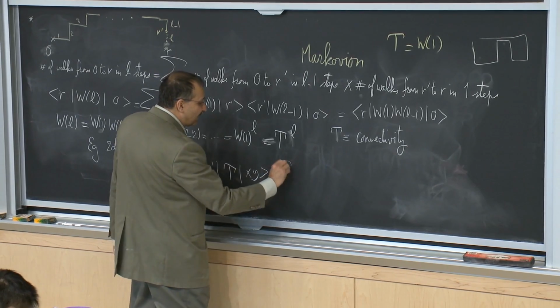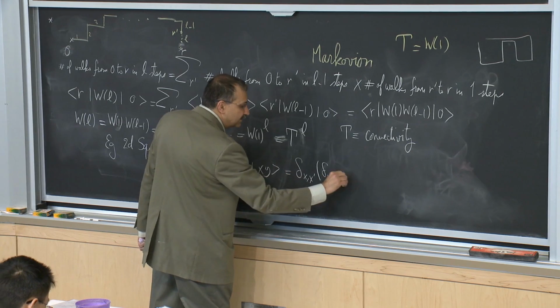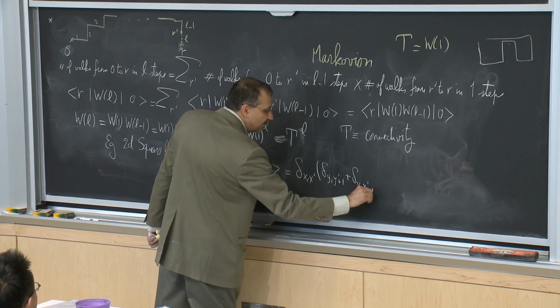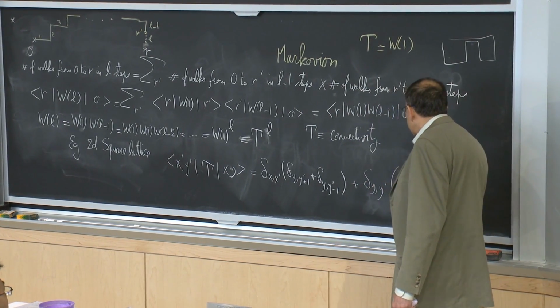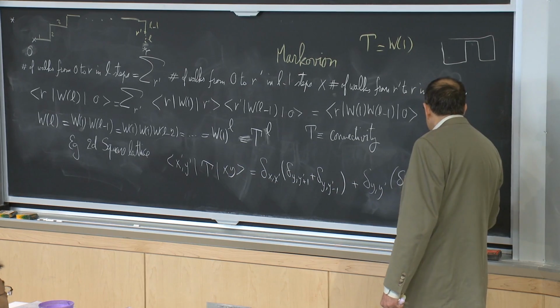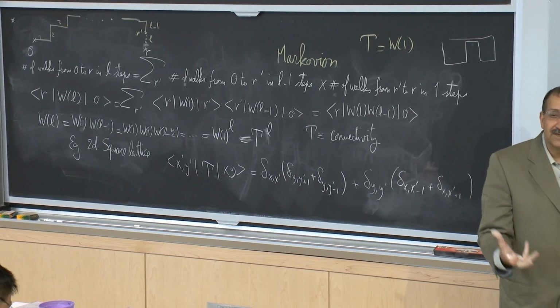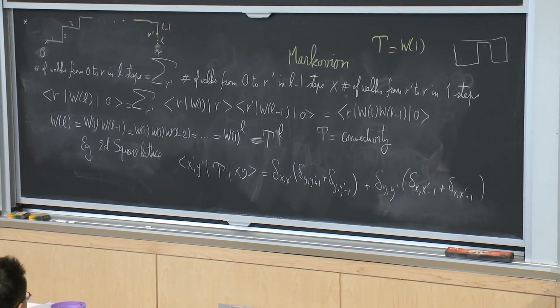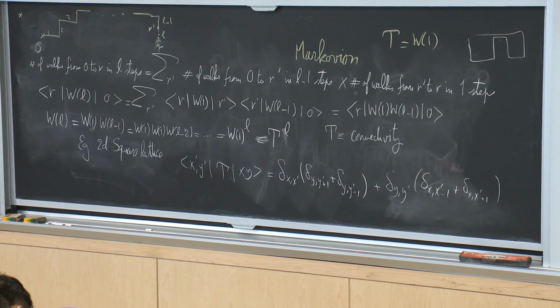And the answer is that either X stays the same and Y shifts by 1, or Y stays the same and X shifts by 1. These are the 4 non-zero elements of the matrix that allows you to go on the square lattice, either up, down, right, or left, and the corresponding things that you would have for the cube or whatever lattice. Okay?